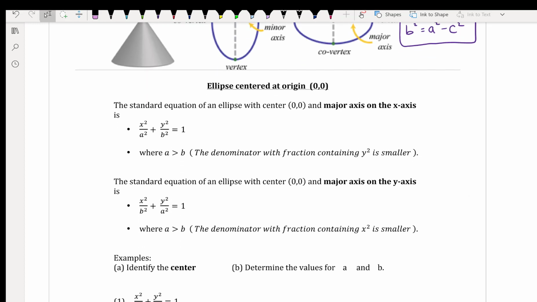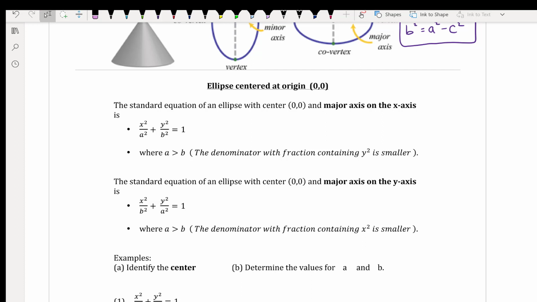And if the major axis is stretched along the y-axis, then this is what it looks like, where the B squared is underneath the x squared and the A squared is underneath the y squared. So basically, you just want to determine, hey, is your A bigger or your B bigger? And that's going to determine what type of ellipse you're going to have, whether it's stretched horizontally or stretched vertically. And your center, at least for now, is going to be at 0, 0.